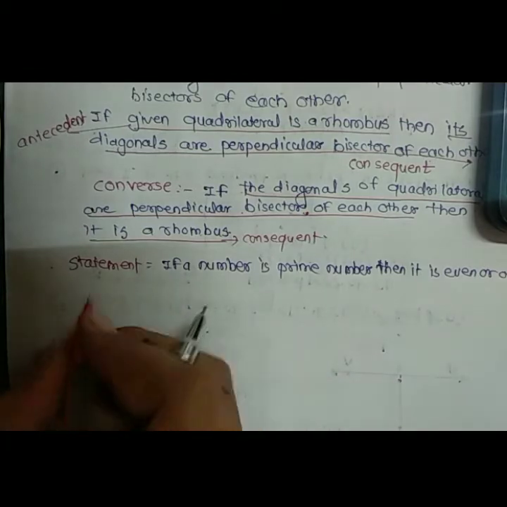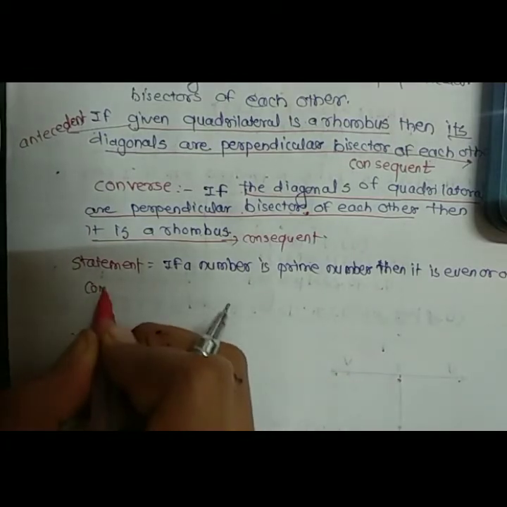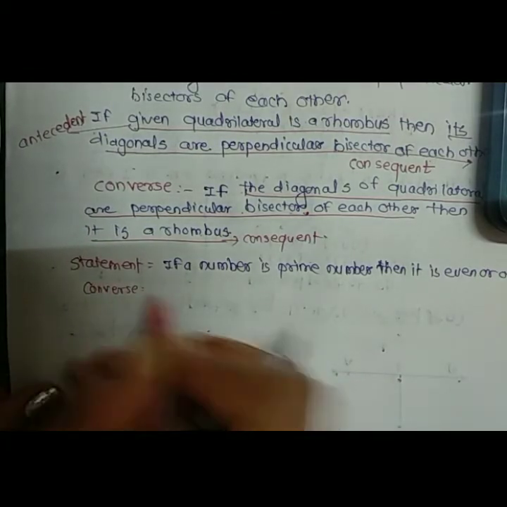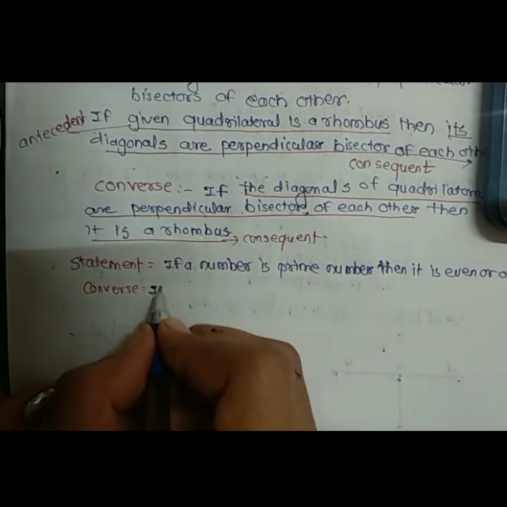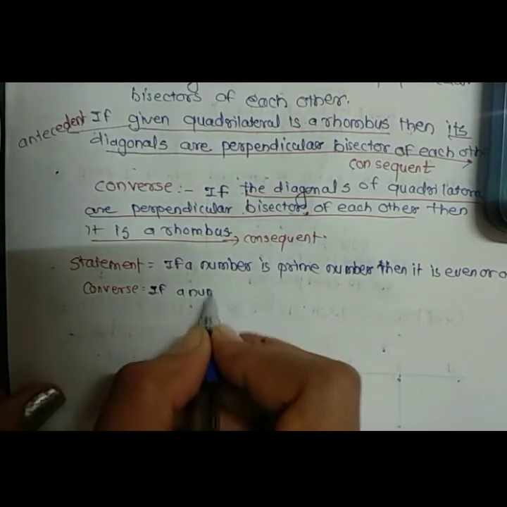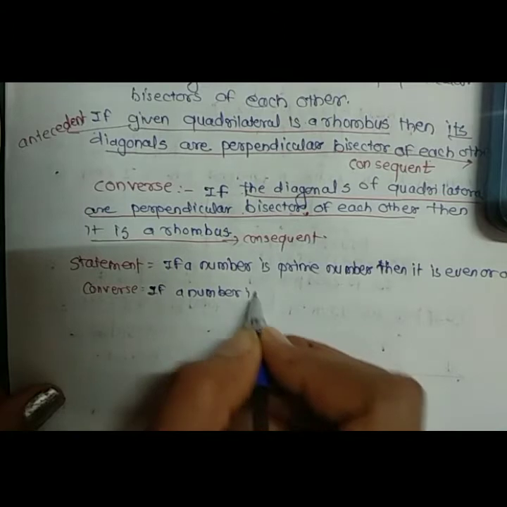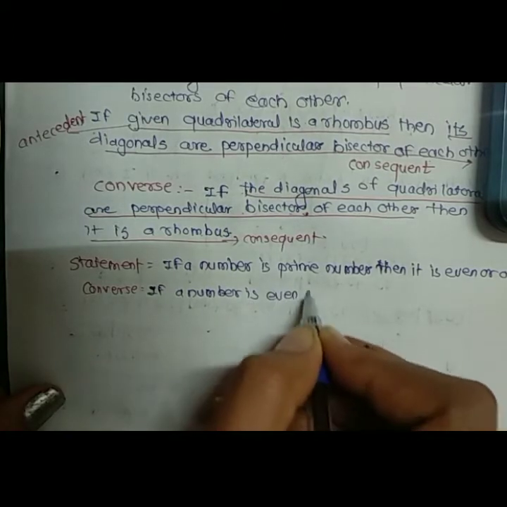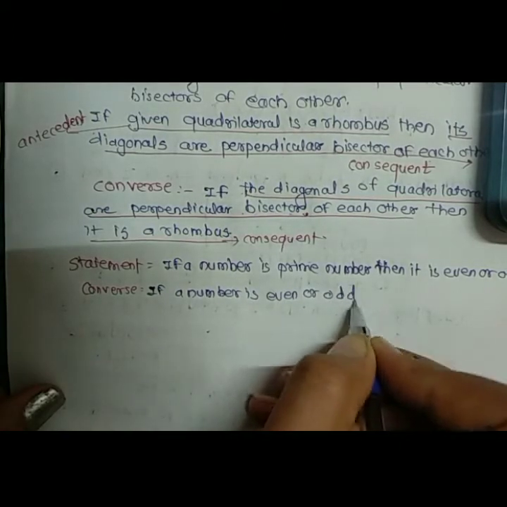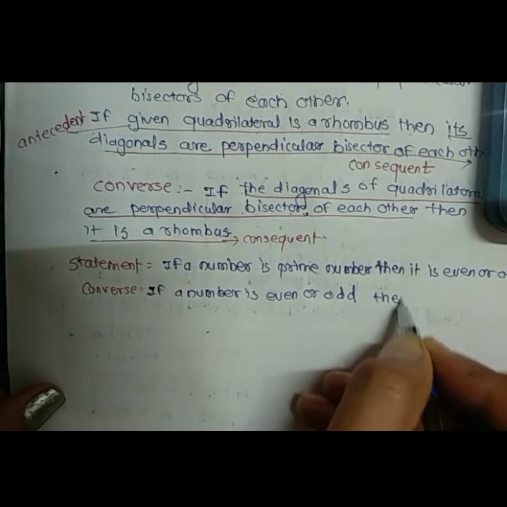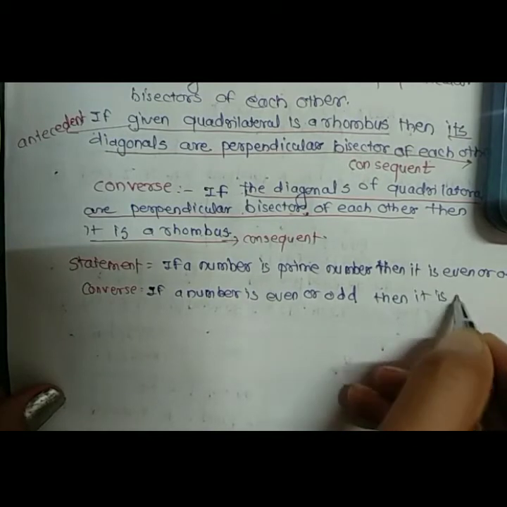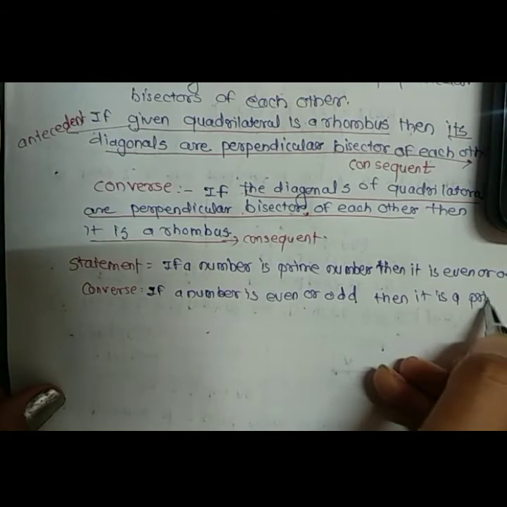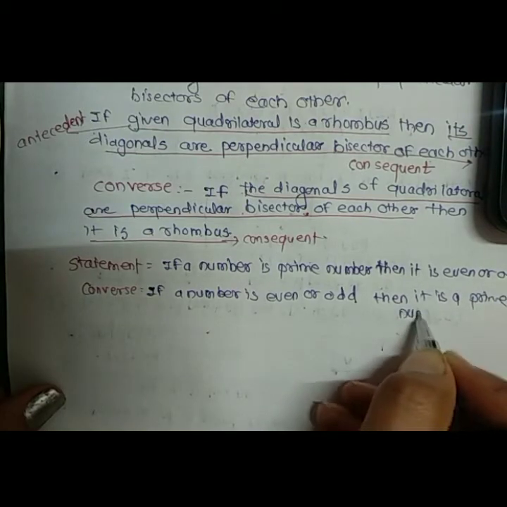And the converse is, if a number is even or odd, then it is a prime number.